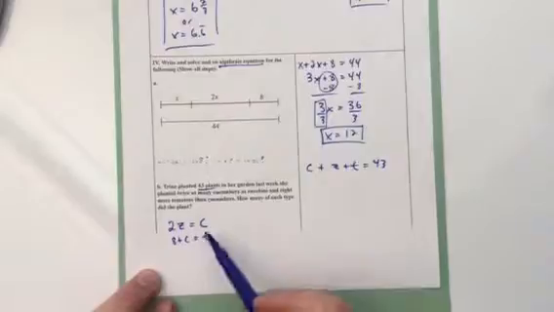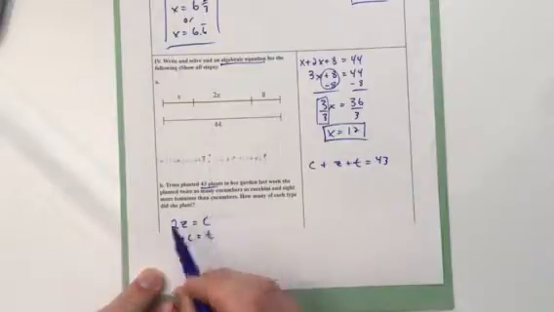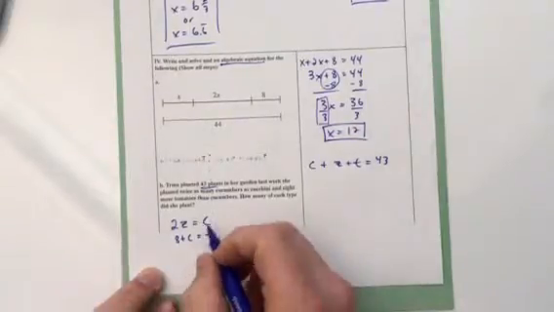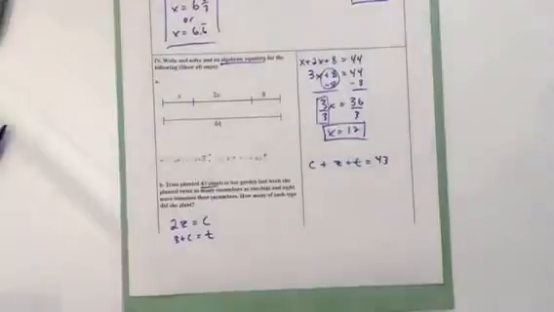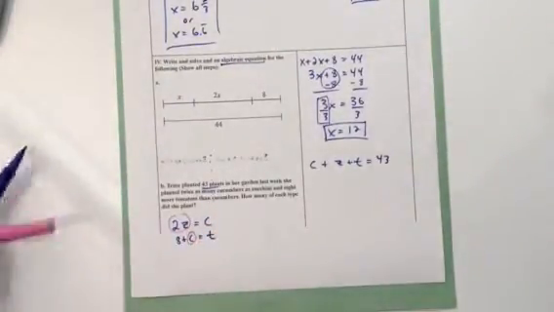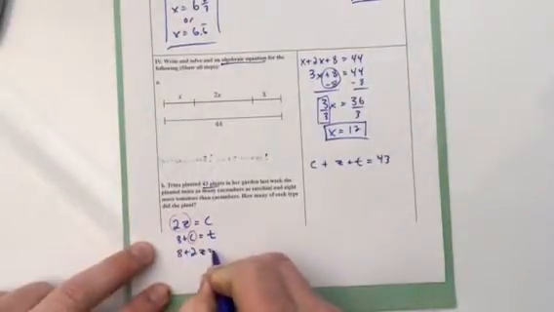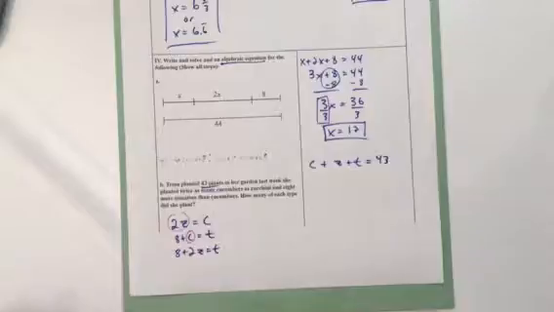If I come back here to my describe, I see that 8 plus c equals t. I don't have a common variable that I'm connecting both problems to, but since I know that c equals 2z, I can substitute that here. So 8 plus 2z equals tomato.